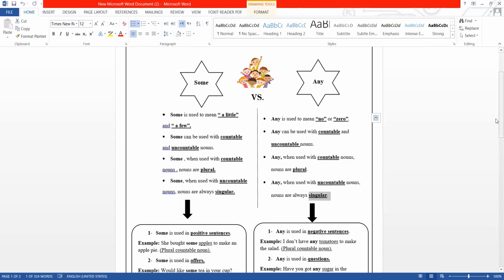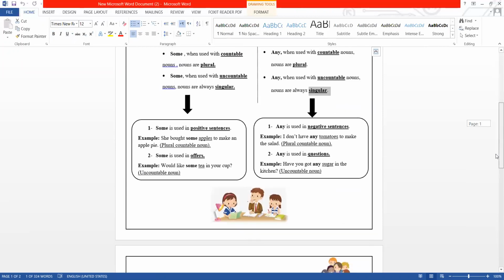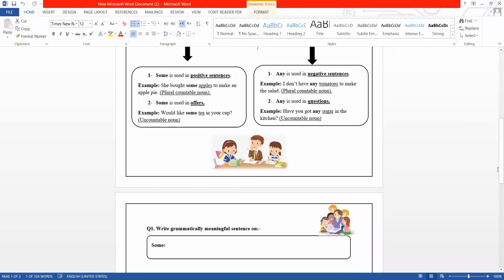Now, when do we use any? First, any is used in negative sentences, which is the opposite of some, because we use some in positive sentences. Any is used in negative sentences, like, I don't have any tomatoes to make the salad.